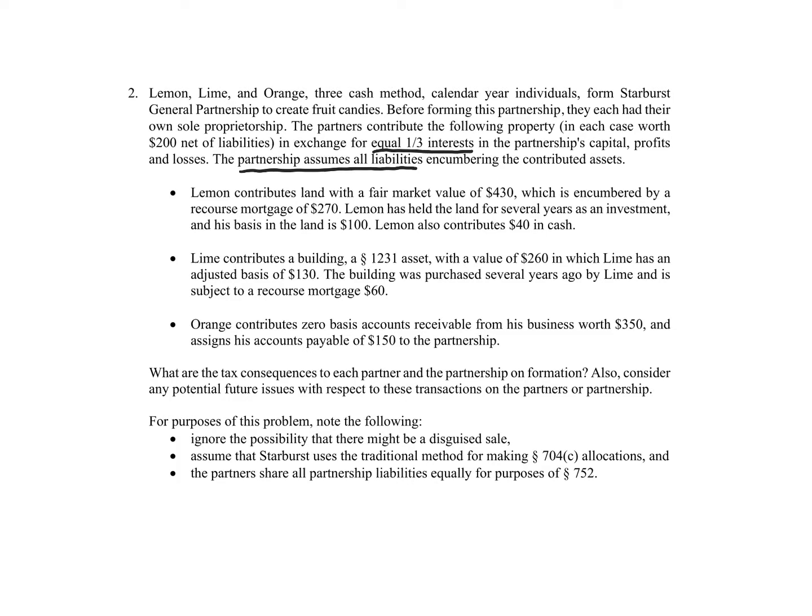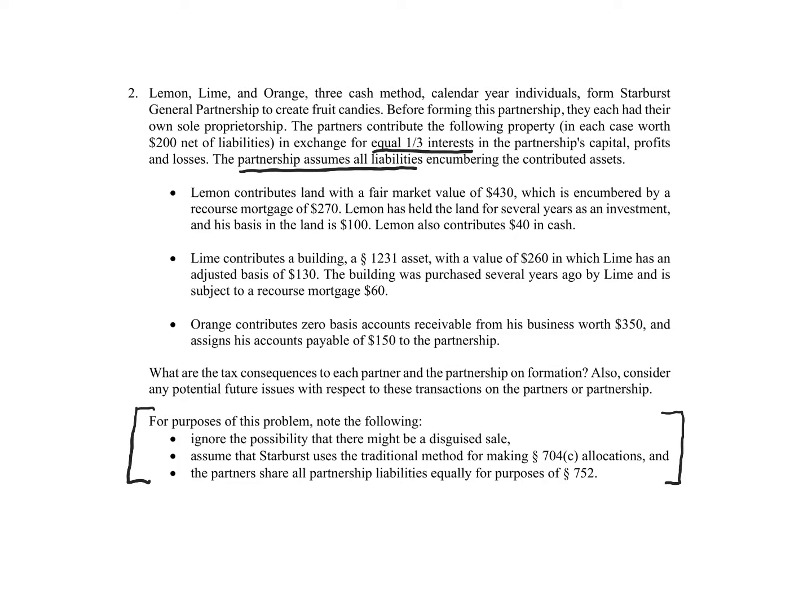Okay. What are the tax consequences to each partner and the partnership on formation? Also consider any potential future issues with respect to these transactions on the partners or partnership. And then there's also some items to note when I'm doing my analysis. I put these here because for those of you that might be more advanced tax people, you might be like, well, what about disguised sales rules or 704(c) allocations or liability allocation?